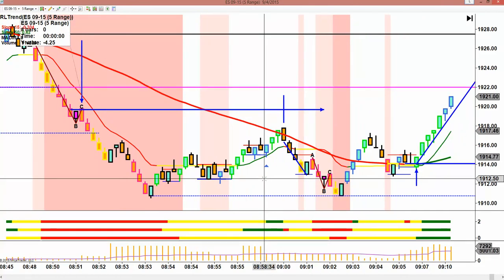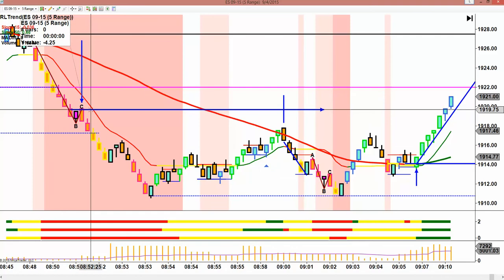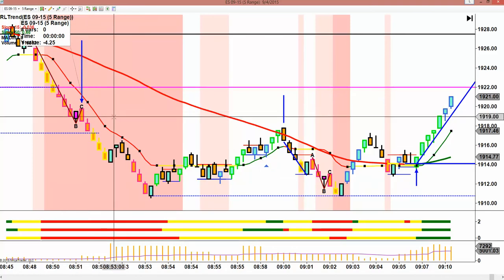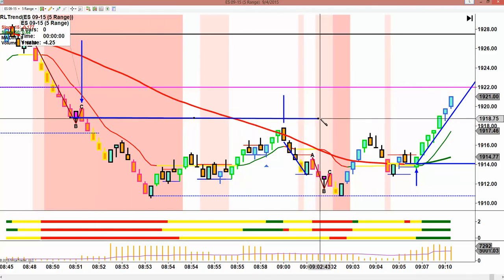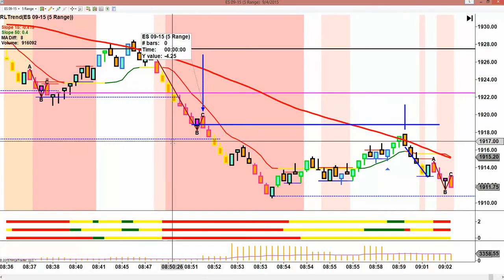Now, I marked this pivot wrong here. This pivot is really going to be right here. This is where the market turned.